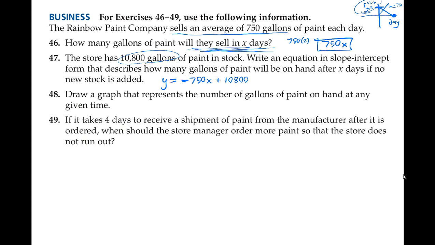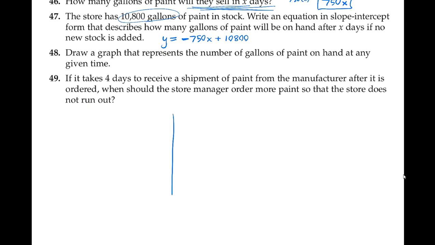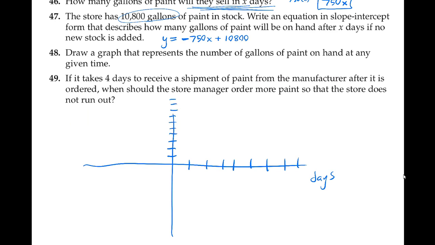Okay, and then let's go 48. Draw a graph that represents the number of gallons of paint on hand at any given time. Oh, that's just saying graph that. We can do any units we want. These are days, and then vertically, let's do thousands: 1, 2, 3, 4, 5, 6, 7, 8, 9, 10, 11.